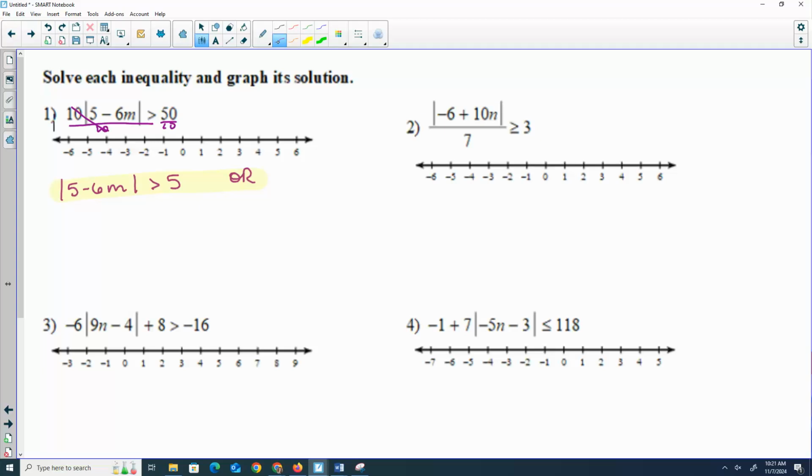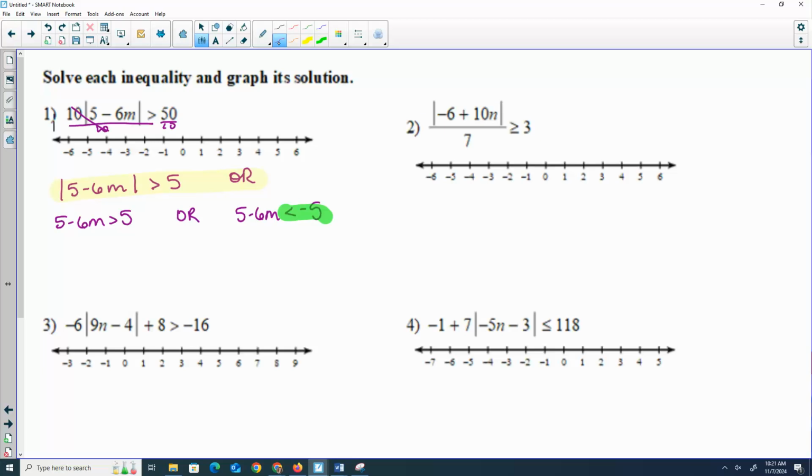We need it. So for our or, we do two pieces. One, everything stays the same. Or for the other one, what do we do? Flip the inequality and make it a negative.